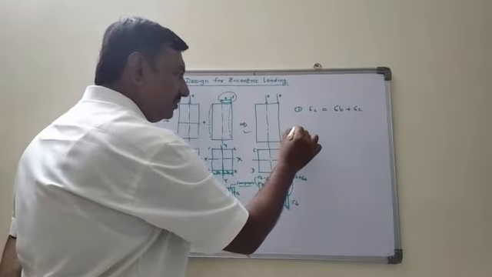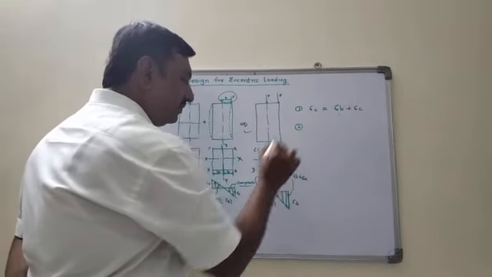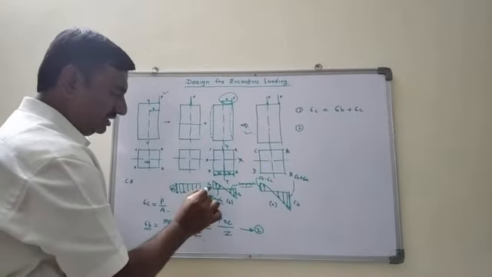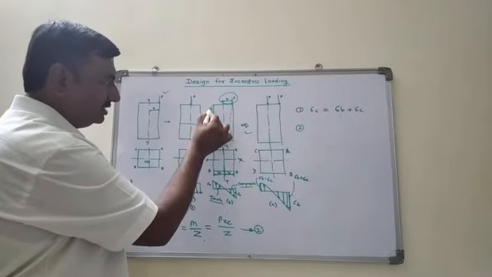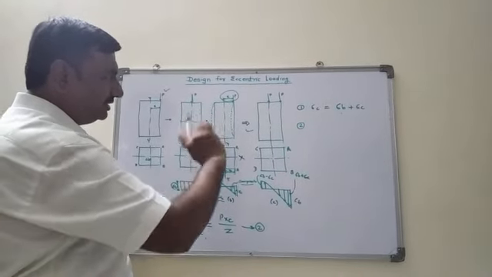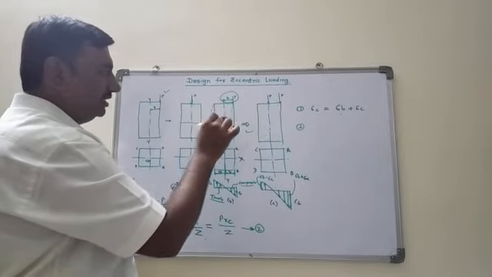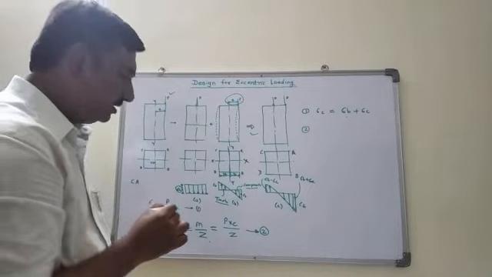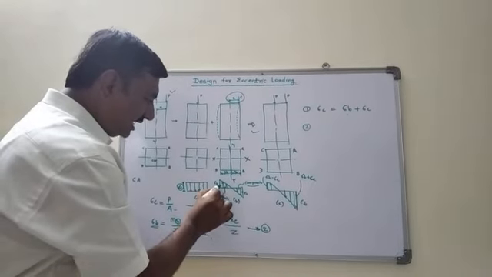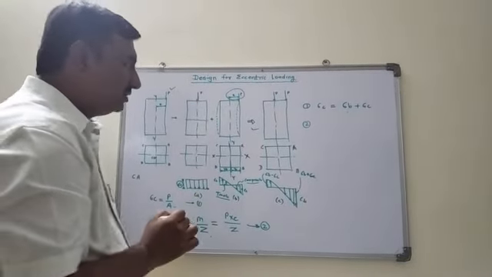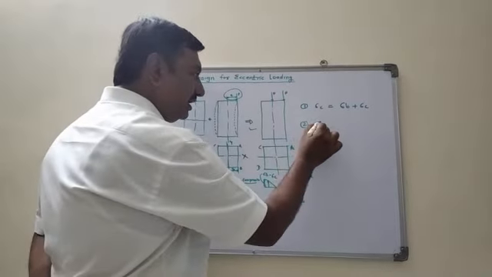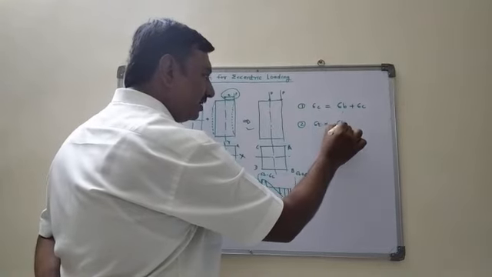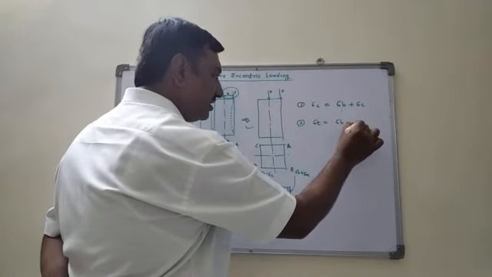Then one more nature we have to see: the outer fiber is subjected to tensile stress. See here, this is the figure. The dotted line represents the outer fiber subjected to tensile stress due to this eccentric load P. So this is the magnitude of the tensile stress. Now the net or resultant tensile stress is equal to sigma b minus sigma c.